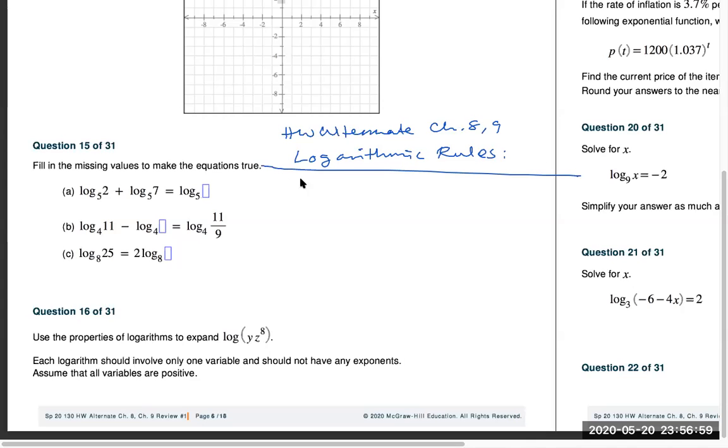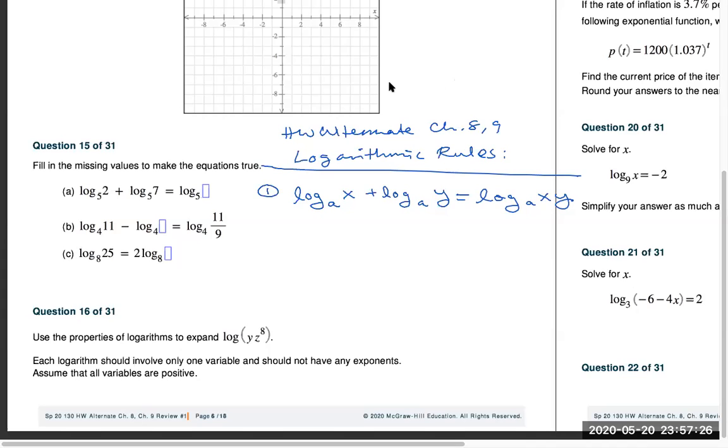Essentially, we can just write this in right now. You have log base A of x plus log base A of y. That's going to be log base A of x times y.